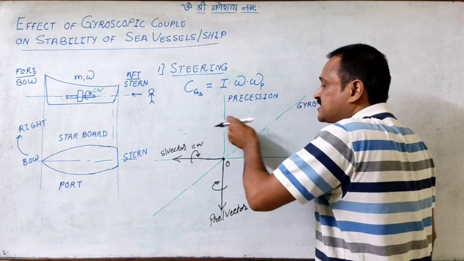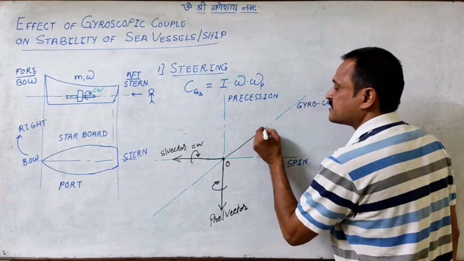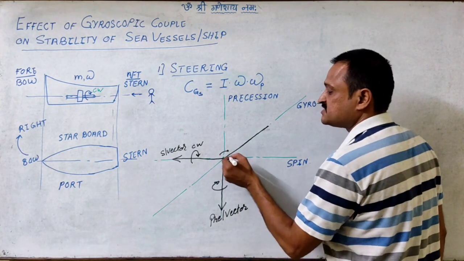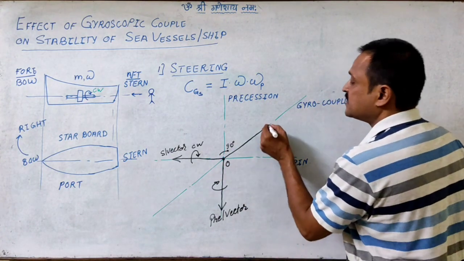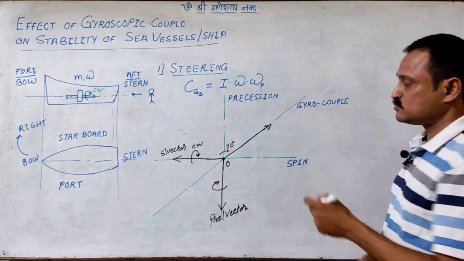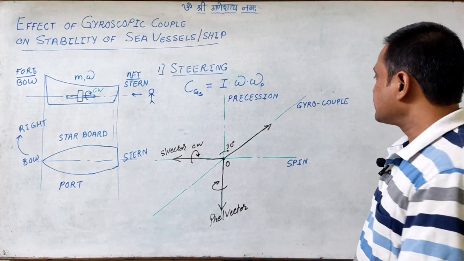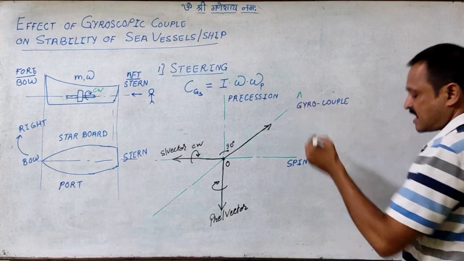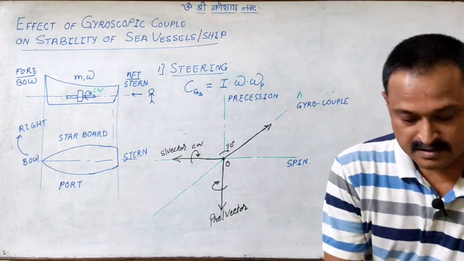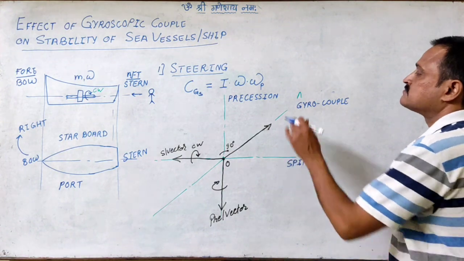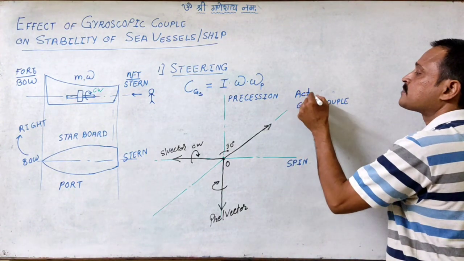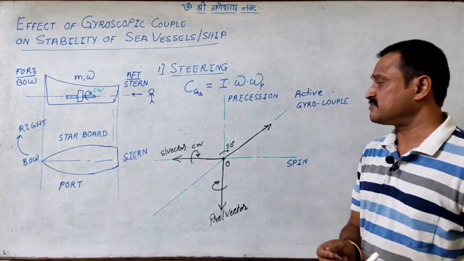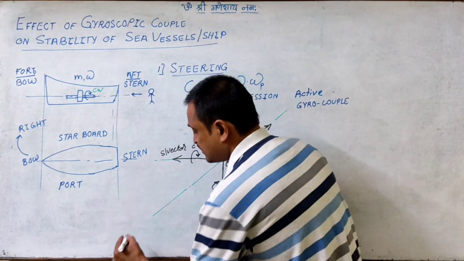So I turn the spin vector clockwise, and I get this vector as the gyroscopic couple vector, or this is the active gyroscopic couple.